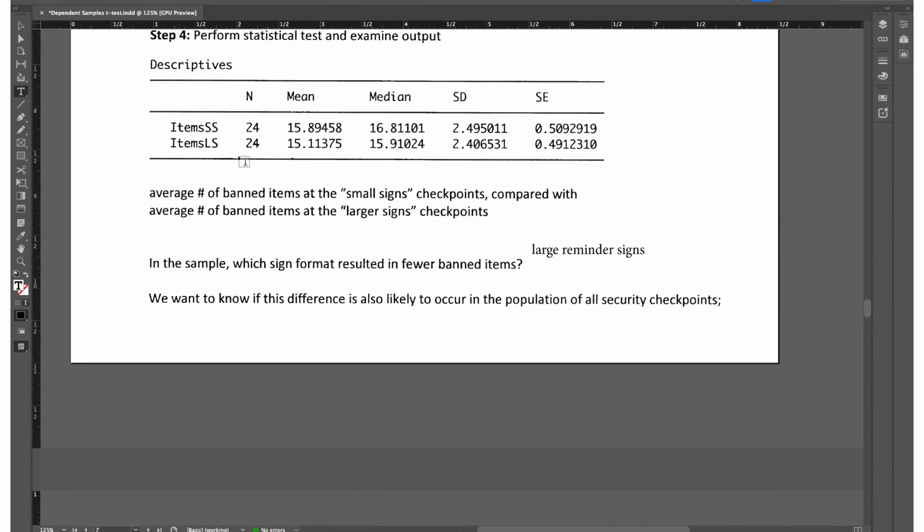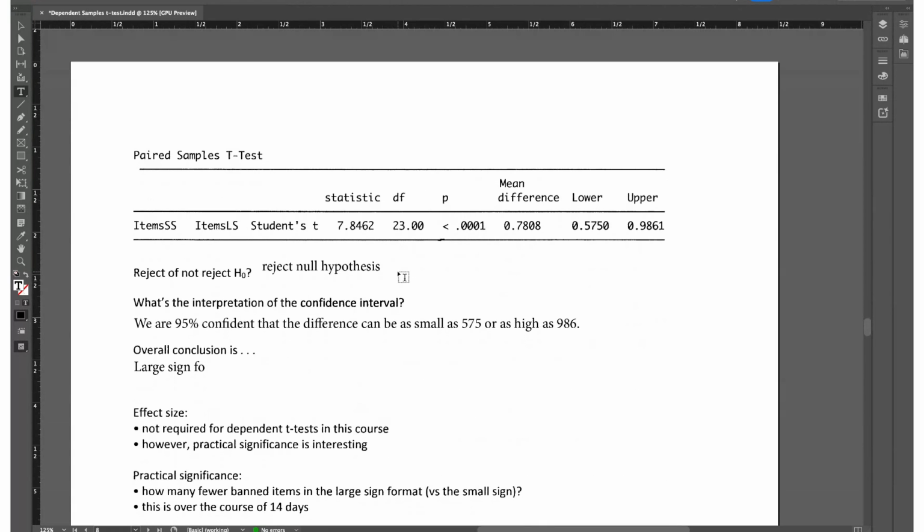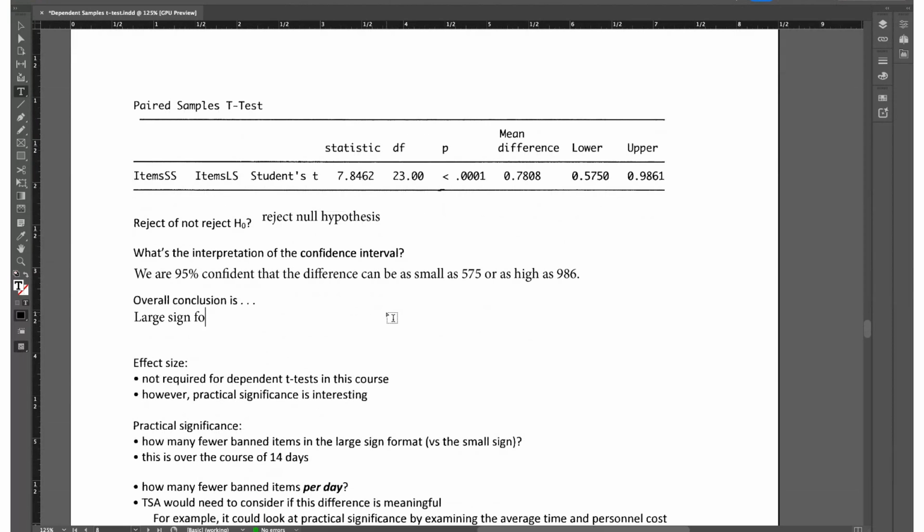So in this case, large signs is more effective because it had a smaller amount of confiscations. Is that right? Confiscate? Yeah, whatever. So let's say large sign format is more effective.